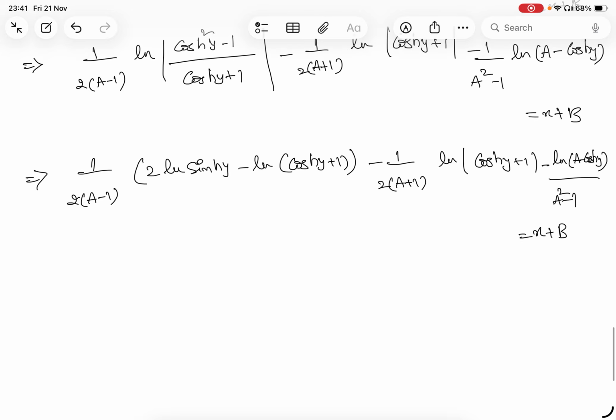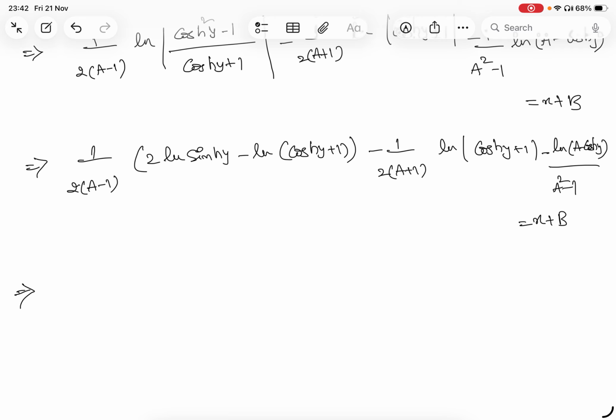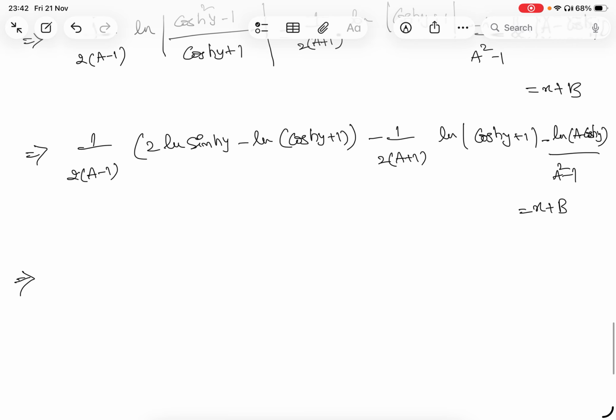Fine. Now this will be, let's simplify it further. As you can see in the first term, this 2 will get cancelled, and we are left with ln of sin hy by a minus 1, fine, minus, now can you see, as you can see, there is cos hy plus 1 terms, right? These two terms are similar. So let's take some common and simplify it.